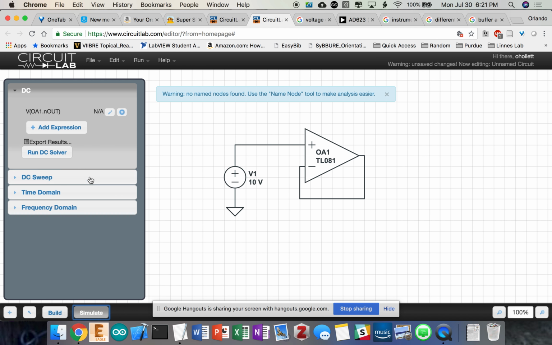If I change it to 10, I still get 10 on the output. Amplifiers have high internal resistance, so you can imagine this just being a multimeter measuring the voltage across something. So V out is equal to V in. Make sense?